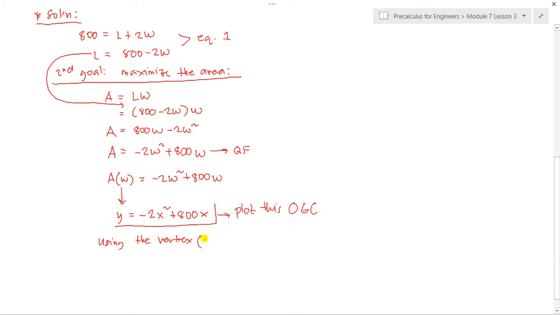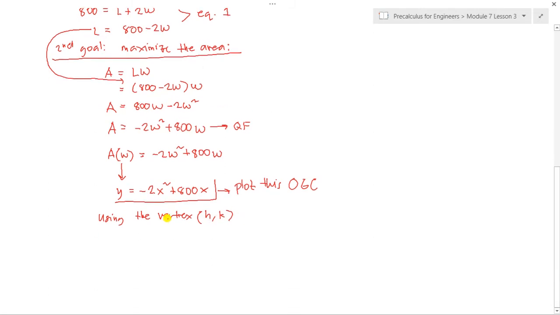The vertex has h and k. Our h here corresponds to our w, and our k, which is our y, corresponds to our area. So let's start with the maximum value of the area.